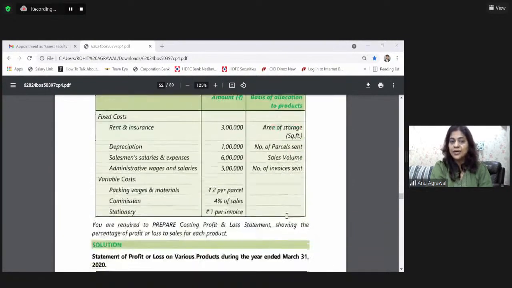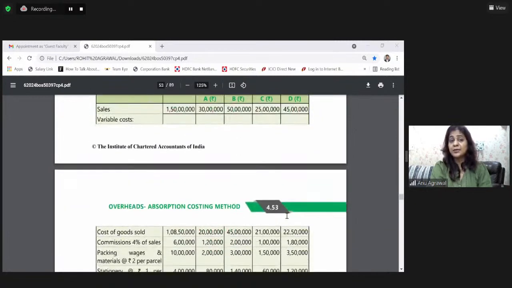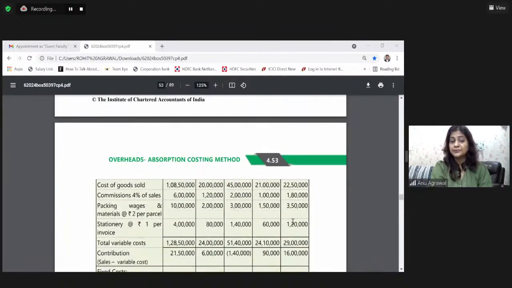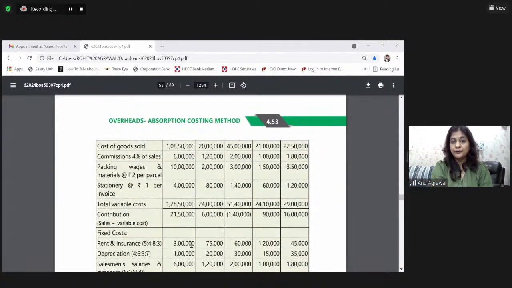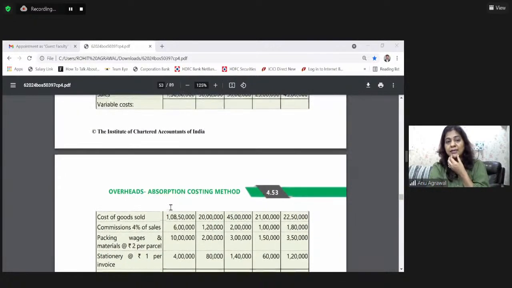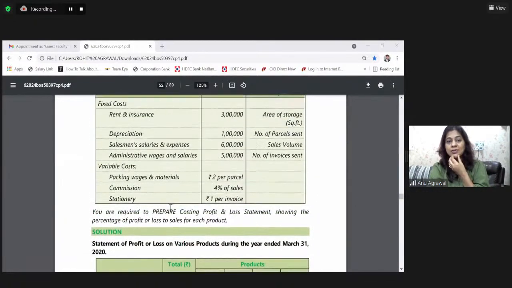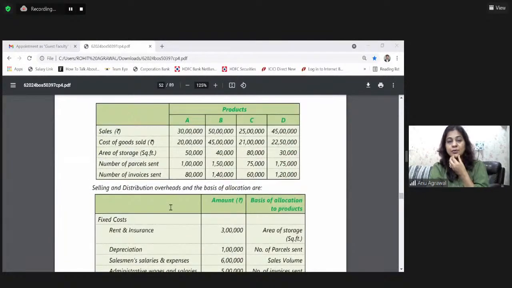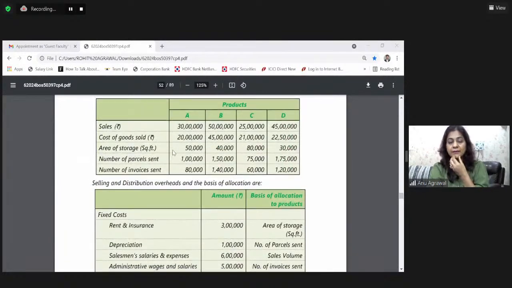When I further subtract the variable expenses, I still get a profit here. I subtract all these: commission, this, that, and so on. And I realize that my selling price was 30.